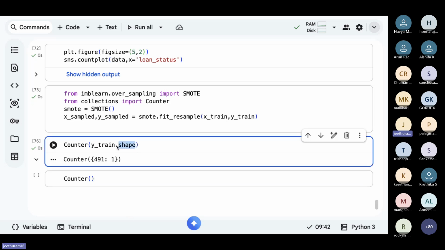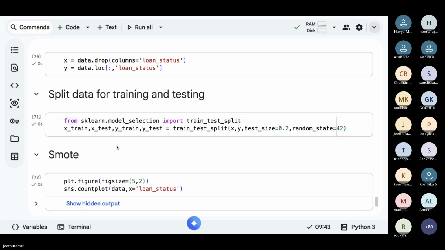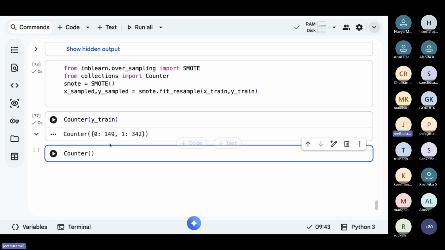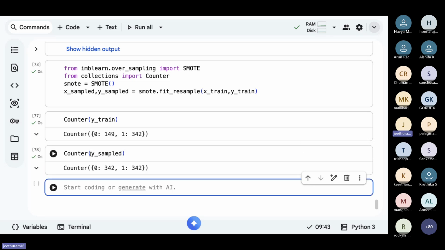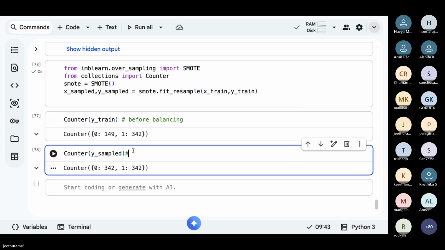It should be just Counter of y_train only. Now let's give it here: Counter of y_train and Counter of y_sampled. Can you see previously it was highly imbalanced? After applying SMOTE, it has become completely balanced. So this is before balancing, and this is after balancing.